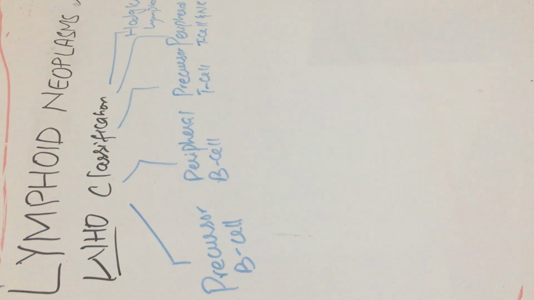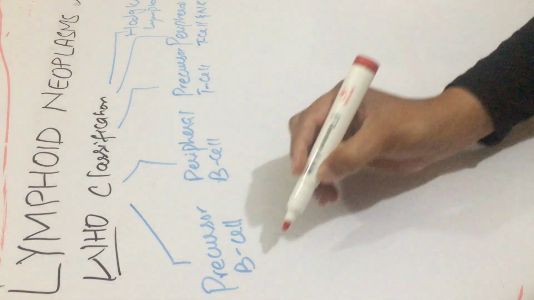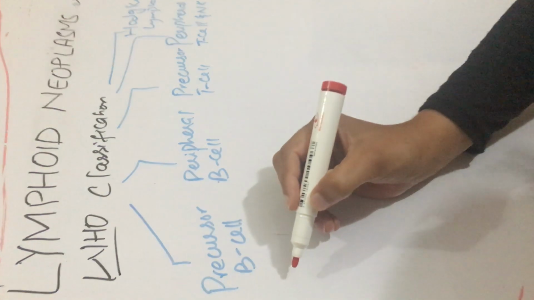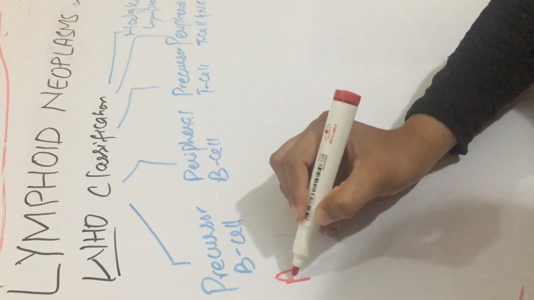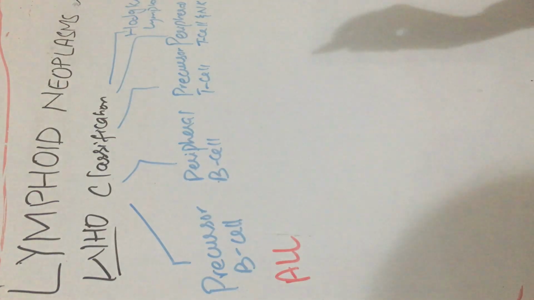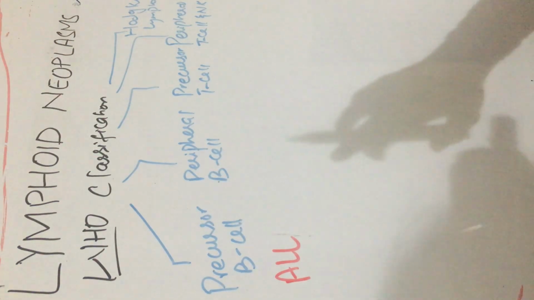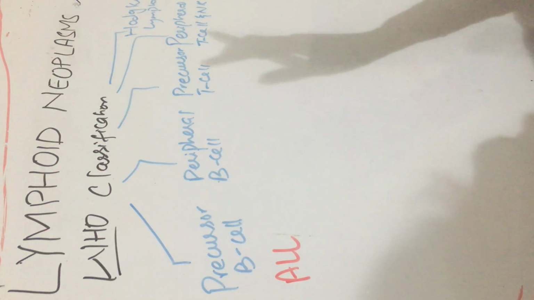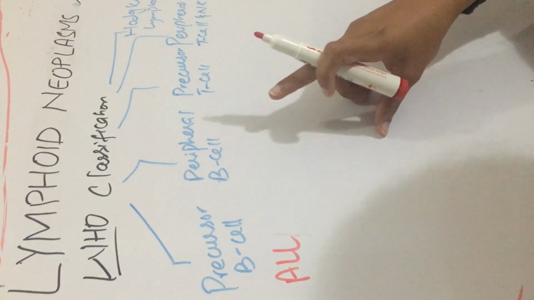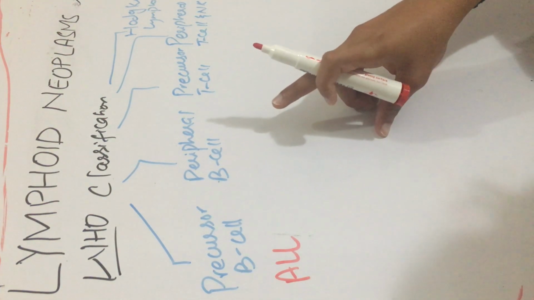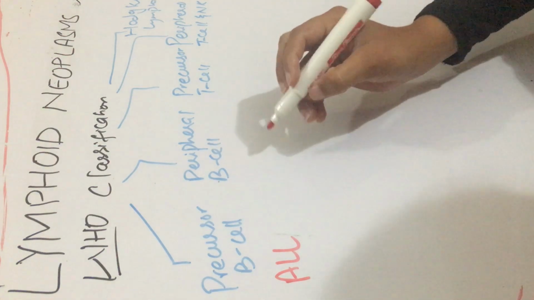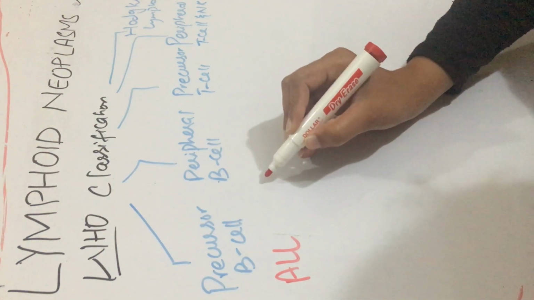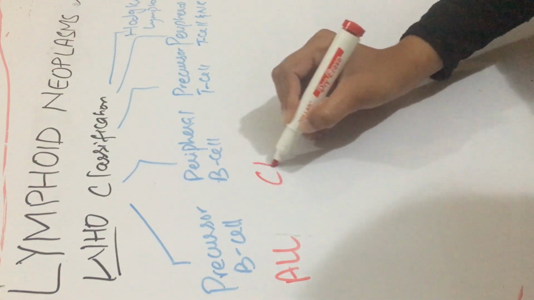Like in precursor B cell neoplasms, there's mainly B cell acute lymphoblastic leukemia, which is also known as ALL. In peripheral B cell neoplasms, there are various examples. One is the chronic lymphocytic leukemia.